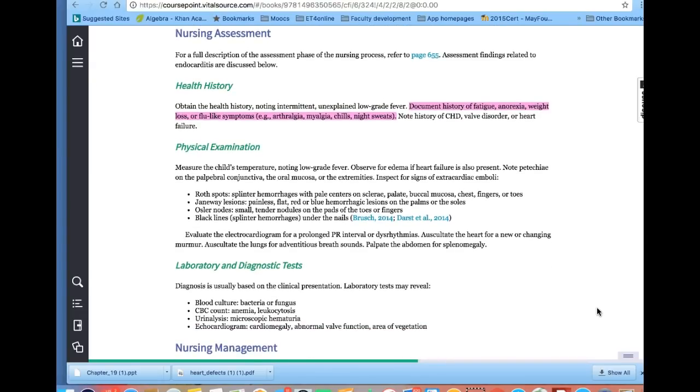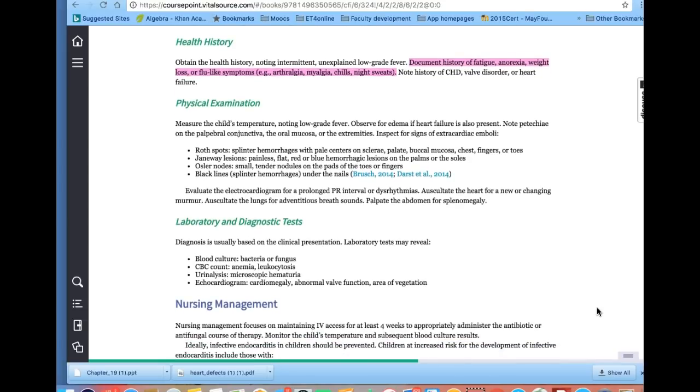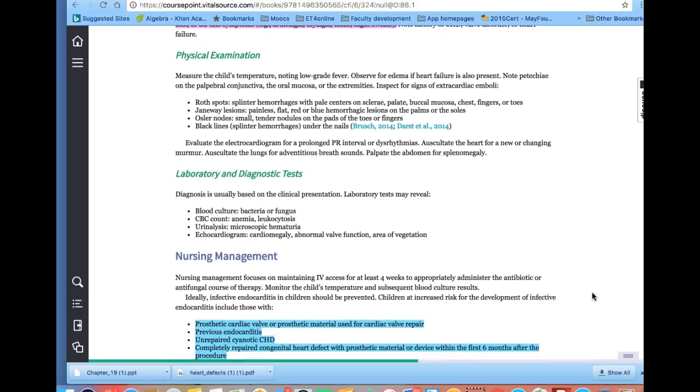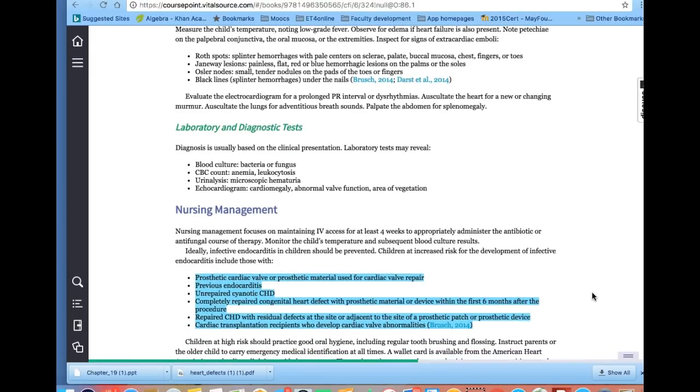Okay, so they have body aches, chills, fever, weight loss, very much flu-like symptoms. So it's kind of hard to pinpoint unless they have some of the very specific signs listed here. Now, I personally have never seen any of those signs, nor have I seen a child with infective endocarditis. So those are all specific signs that might occur with that.